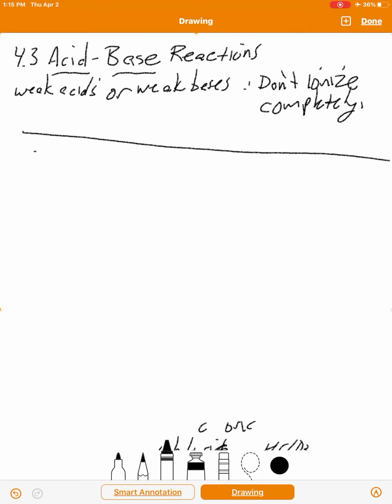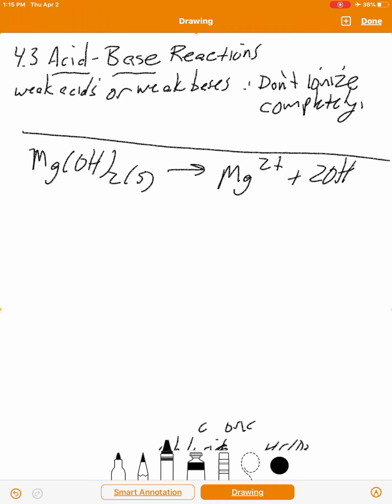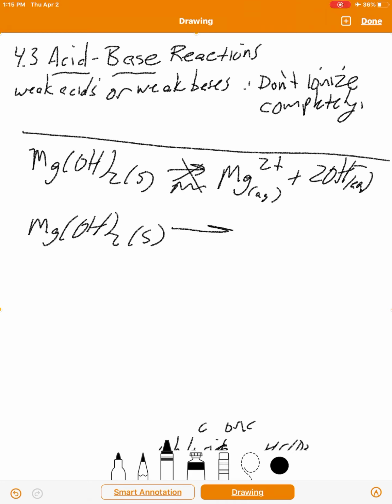If you take MgOH2, which is a base, it's a weak base because it doesn't dissolve completely in water. It doesn't break up into Mg2 plus and 2OH minus. This doesn't happen. So if you're doing this sort of analysis with Mg(OH)2, for the ionic equation, don't break it up into Mg2 plus and 2OH minus. Just leave it intact.